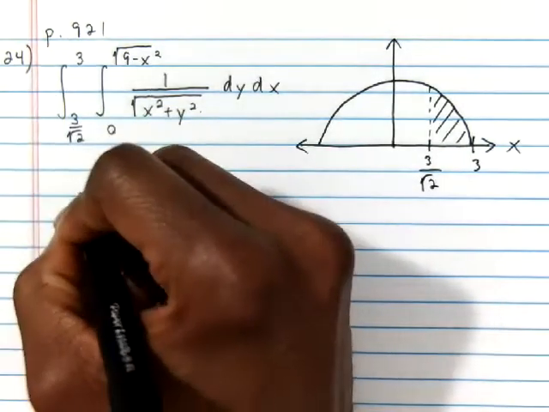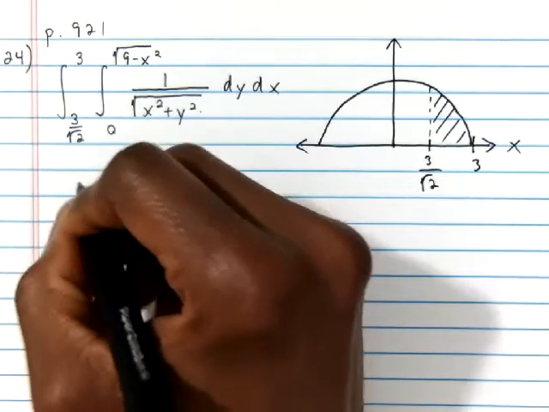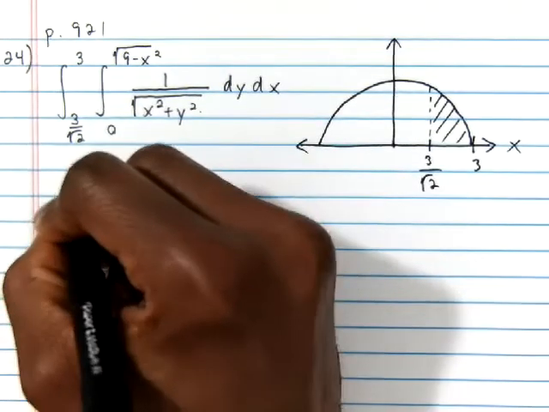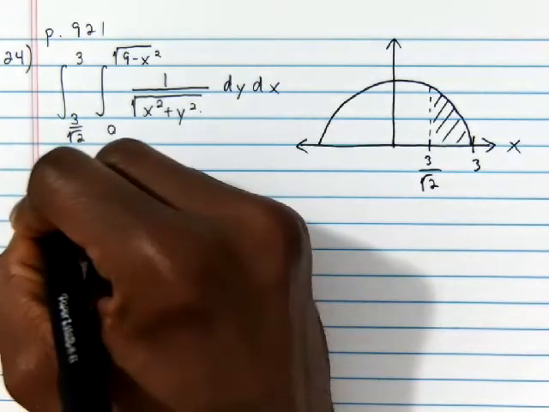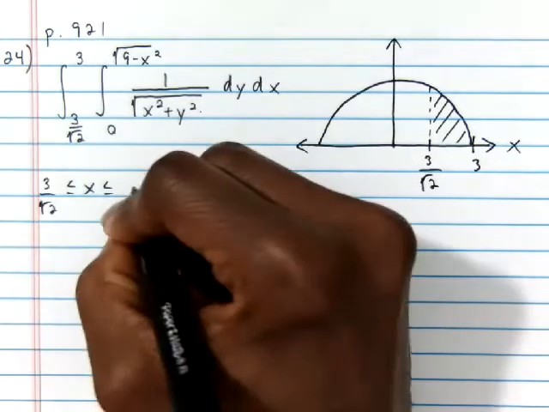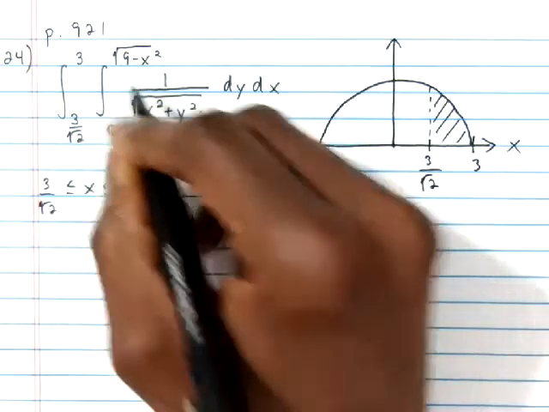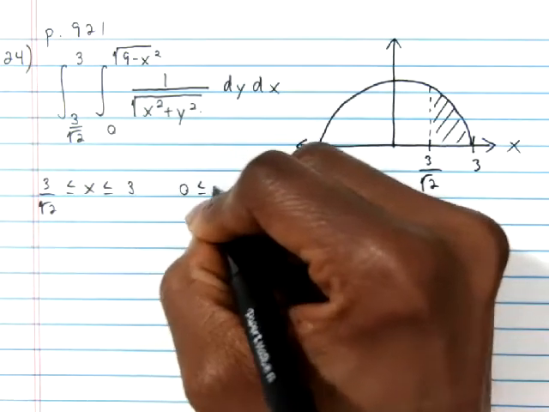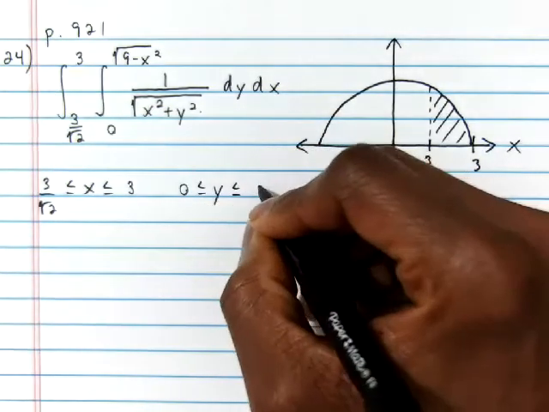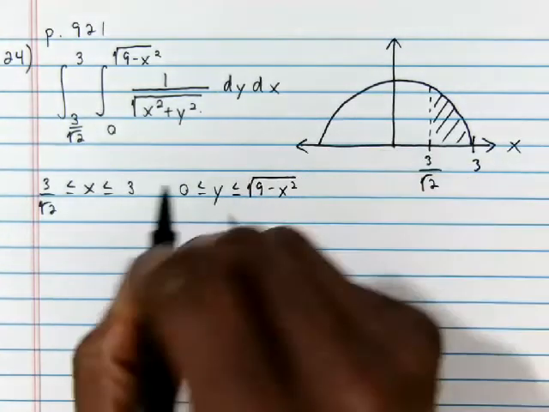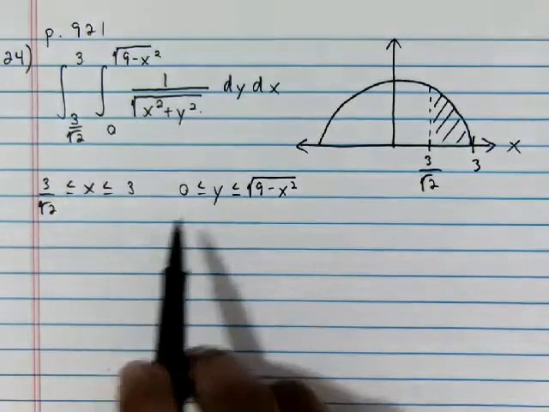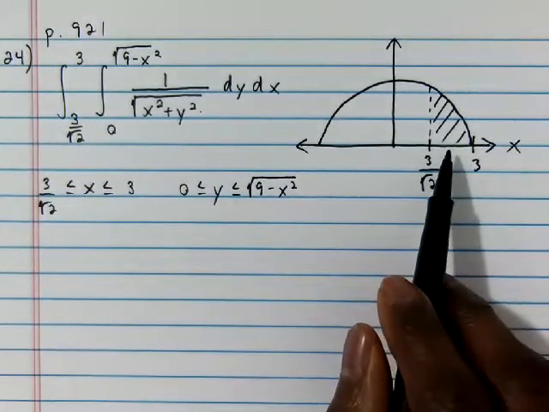So for instance, we could have just said, okay, x is between 3 over root 2 and 3, and y is between 0 and the square root of 9 minus x squared. That's the picture that we have that corresponds to this.